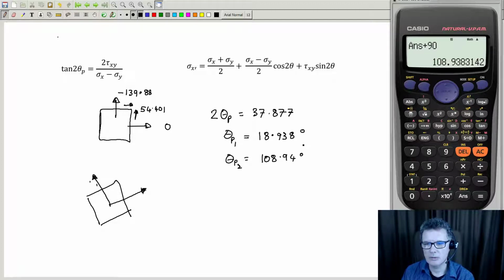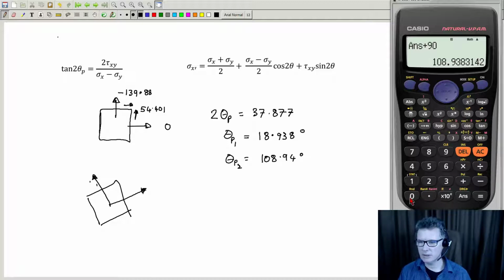We want to rotate our angle by 18.938 degrees anti-clockwise. So let's do that for this x here. What will become my new x prime, pointing in that direction?